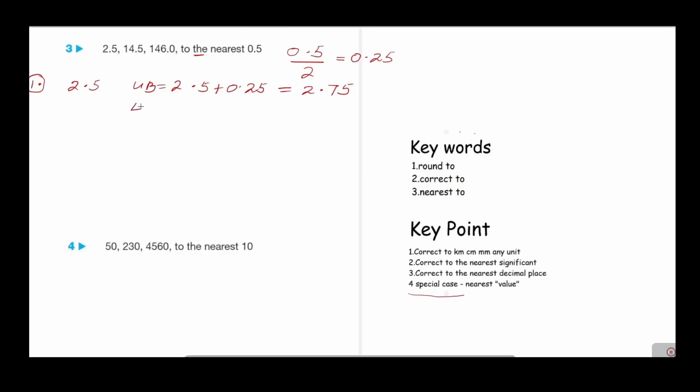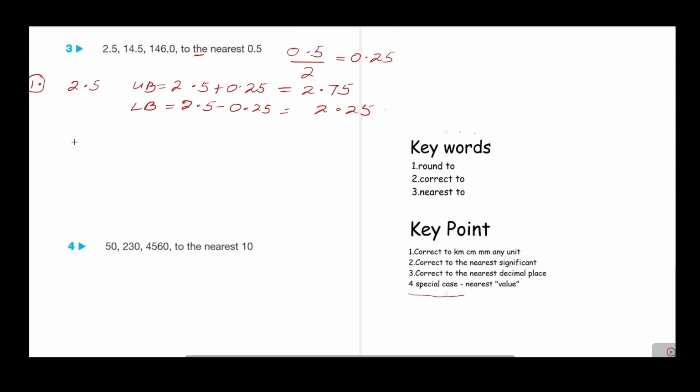Next one is the lower bound. For the lower bound of 2.5, it's 2.5 minus 0.25. Then it becomes 2.25. That's how we do it when it is just to the nearest. The value plays a major role here, because it explains that we have to take the value as it is.